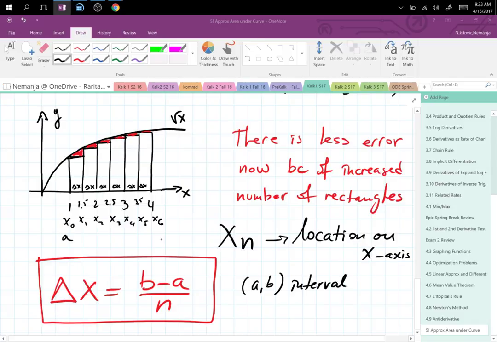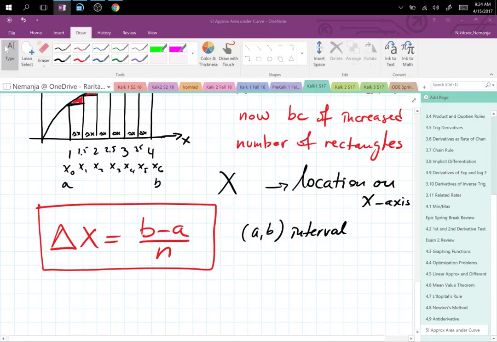In our case, x0 and x6 are a and b, 1 to 4. So we're still working on the same example. If you think about it, a to b, when you subtract them, you will get this, and then you divide by how many rectangles you have, and you will get one of these lengths. So now you have the formula to compute the width of each rectangle. You know how to compute height. You plug in each one of these xn's into the function to compute the height.